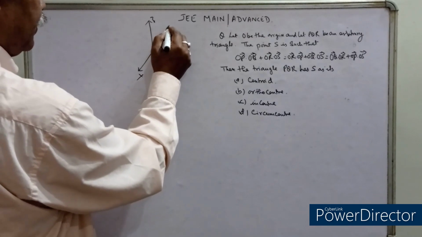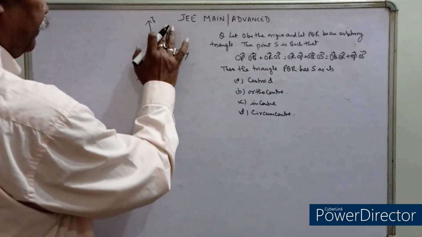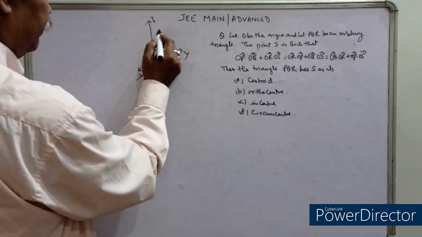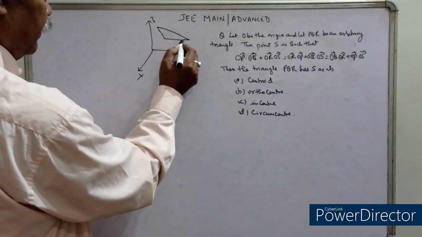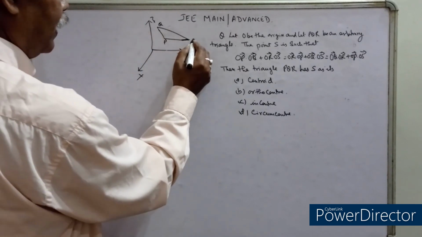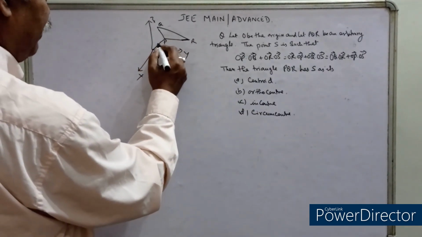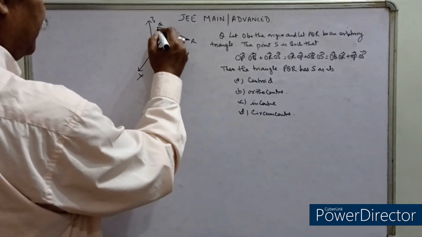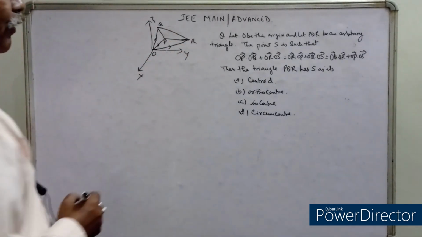Suppose this is your triangle PQR, with P, Q, R and O. Here this is your position vector OP, this is your position vector OQ, and this is your position vector OR.